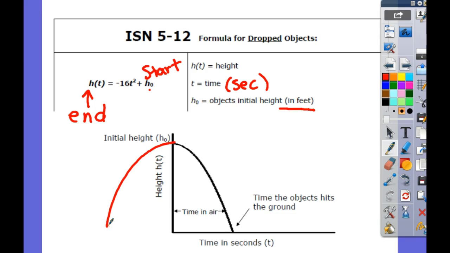What is this axis down here now? It's not x. What is it? Time. Does it make sense to have a negative time? Am I going to drop this and it's going to go backwards in time? It's not going to happen in this universe, and so that's why we don't have to worry about that half of my parabola.